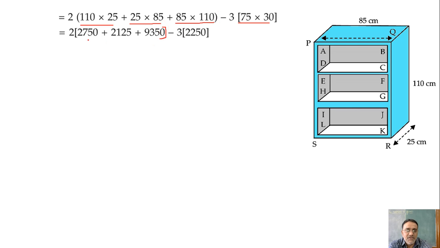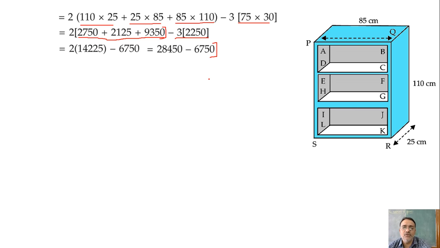So 2750 plus 2125 plus 9350 into 2. Then we will multiply these two also. That is 6750. So we are getting finally 28,450 minus 6,750. That is equal to 21,700. Right. So any doubt?